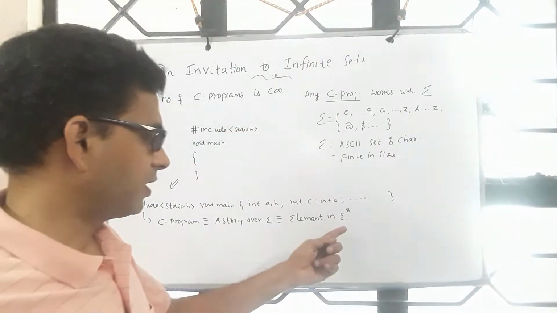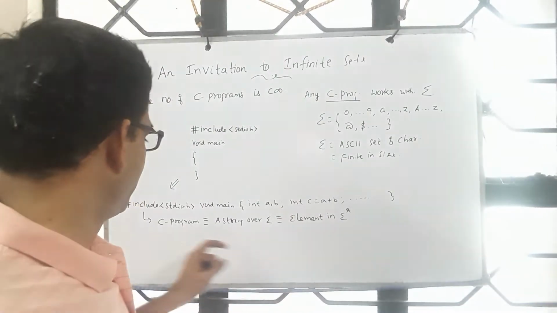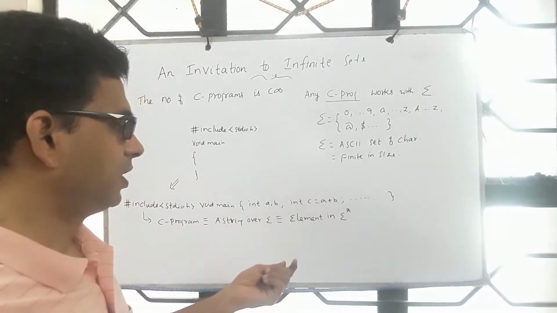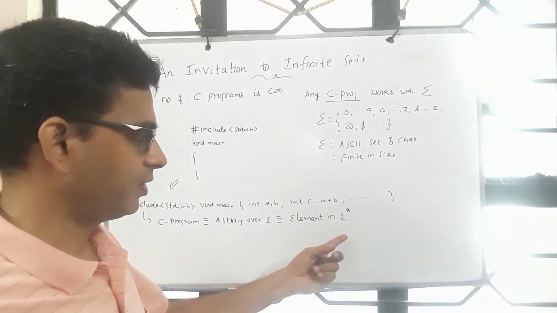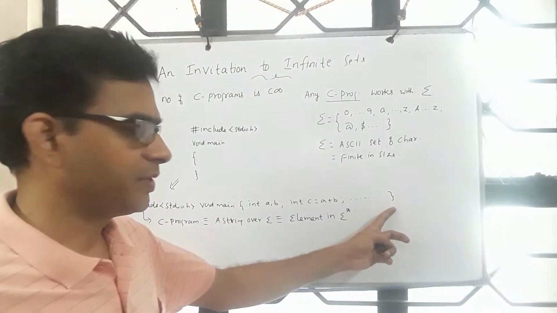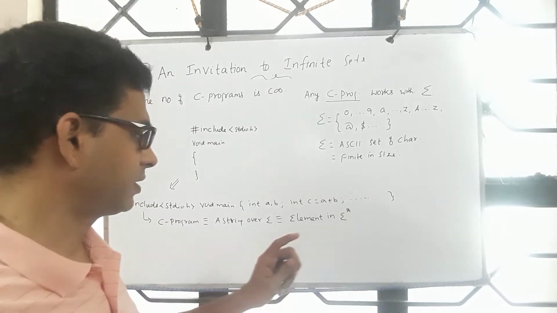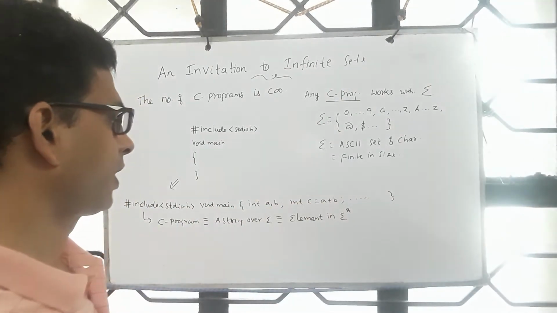Sigma star consists of all possible strings. In particular, this string will also be there, correct? It consists of strings of length 0, length 1, 2, 3 and so on. This may be a string of length maybe 1000 characters. So when you start listing strings of length 1000, you will eventually list this program also.